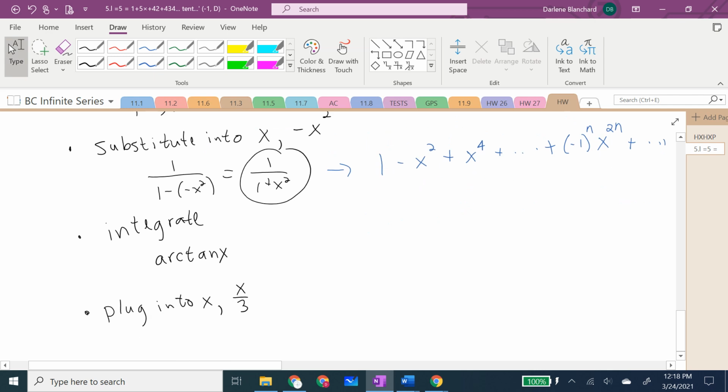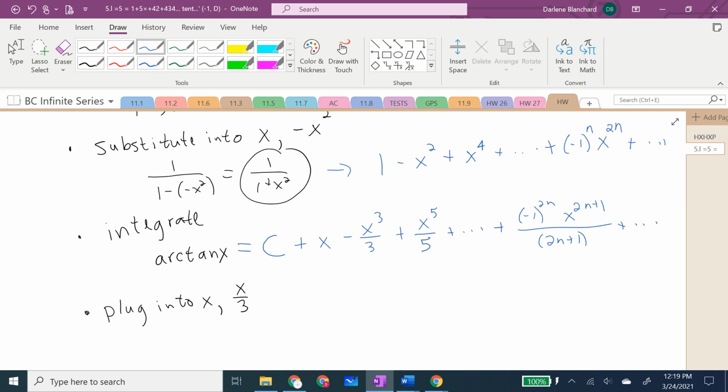And then my next step is to integrate, but when I'm integrating, I am getting a plus c. So I'm going to write down that this is equal to c plus, and then I'm going to start integrating. Now, I can actually solve for my plus c before I move on to the next step.